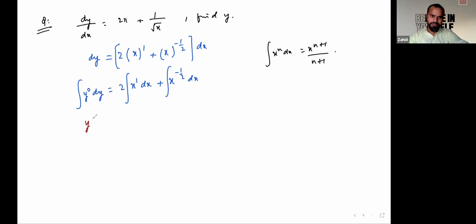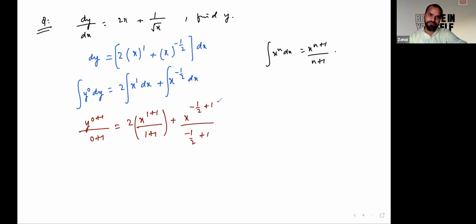It will be y raised to the power 0 plus 1 divided by 0 plus 1, which is equal to 2. Here, x raised to the power 1, so I can write them as 1 plus 1 divided by 1 plus 1, plus x raised to the power minus half. So it can be written like minus half plus 1 divided by minus half plus 1. Is it correct?